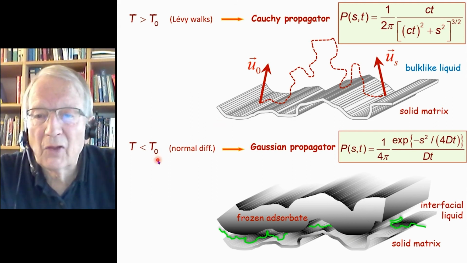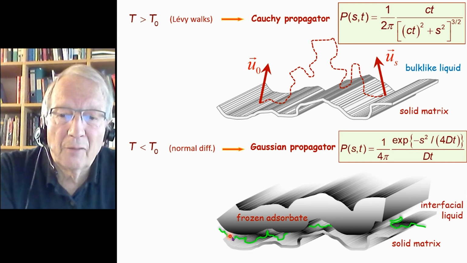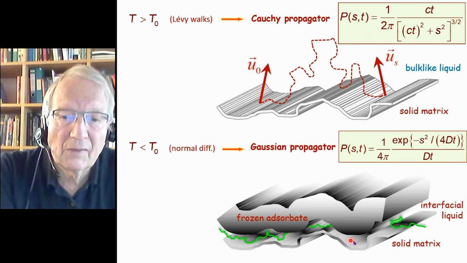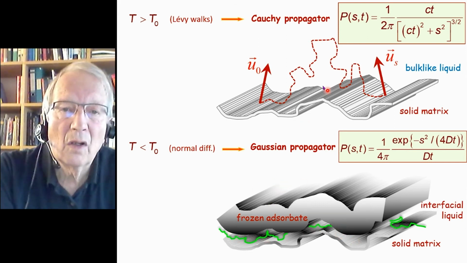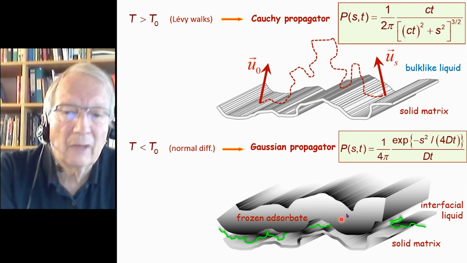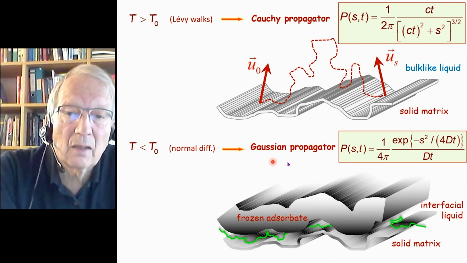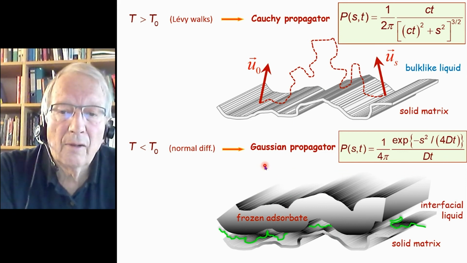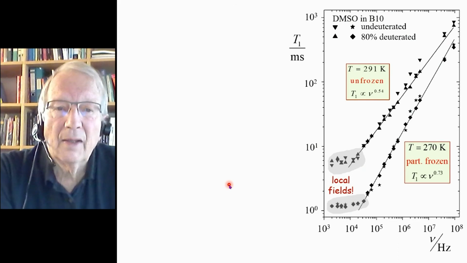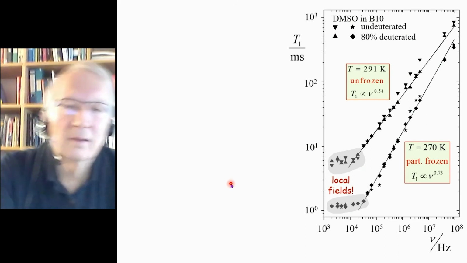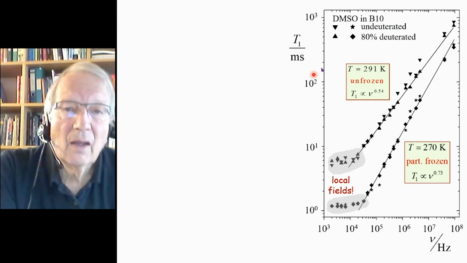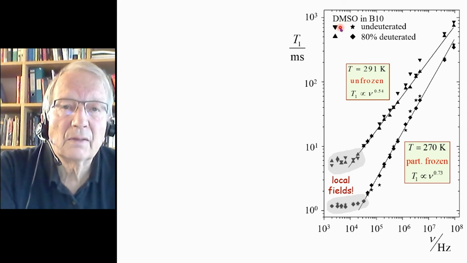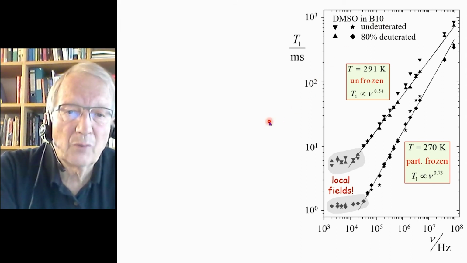Below this freezing temperature, molecules will be confined in this thin layer, and there can be no excursion to the bulk. So we are expecting a Gaussian propagator, the ordinary two-dimensional Brownian motion. And this can be tested in an experiment. In this case, we have studied DMSO in Vycor 10, a porous silica glass with 10 nanometer pore size.